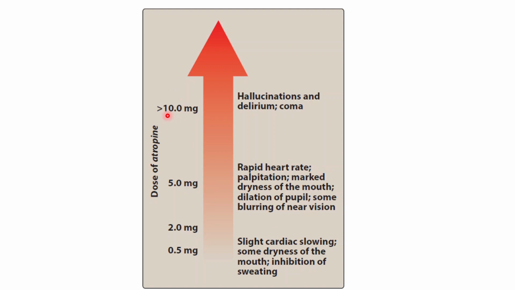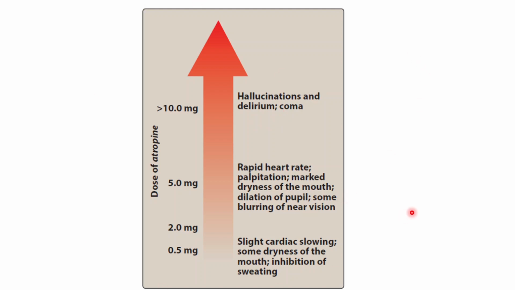And in higher doses, higher than 10 milligrams, atropine will lead to death. This also includes hallucinations and delirium. The patient will have delirium and then go into a coma and eventually will die.